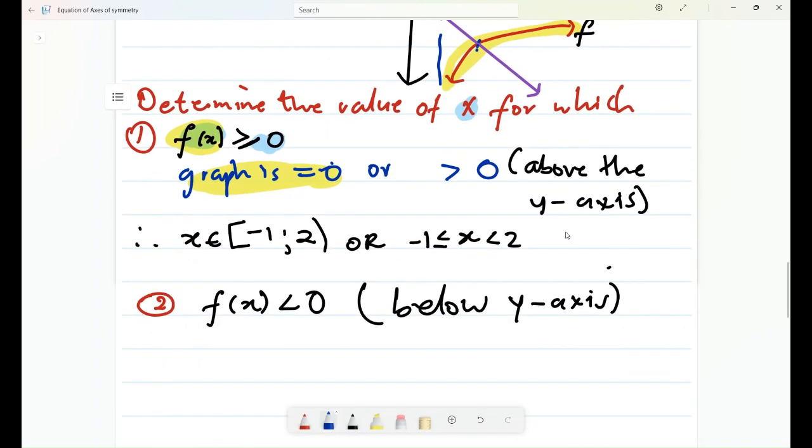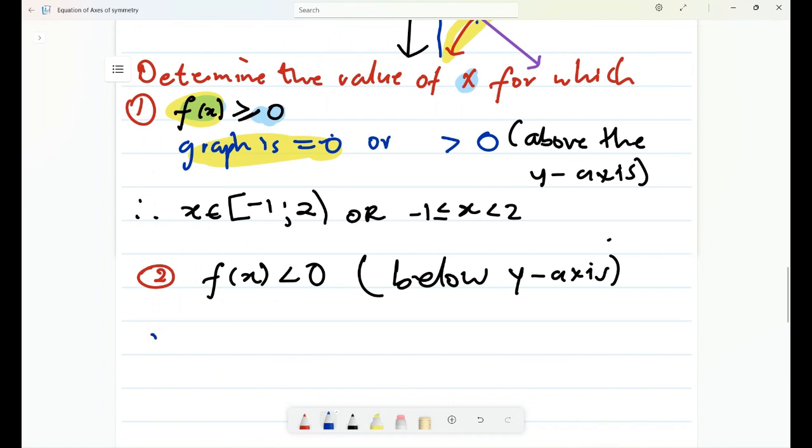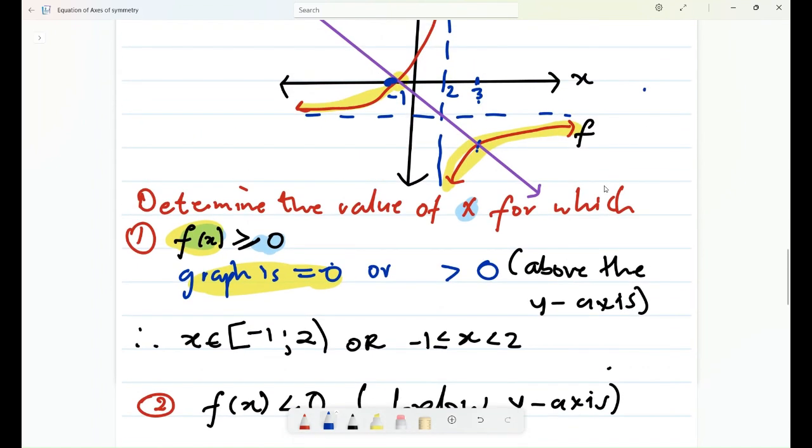So I'm going to say the first one is x is an element of from -infinity to -1. Why am I saying -infinity? Remember here it is -infinity. My graph is still below until it reaches -infinity. So it is between -infinity and -1.